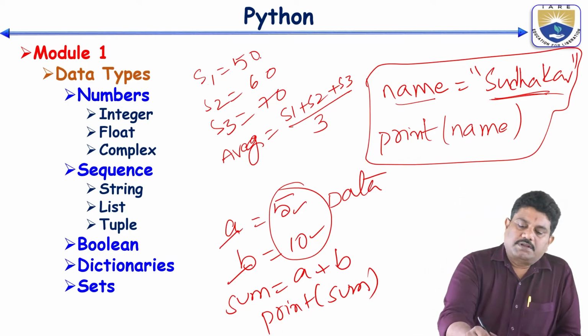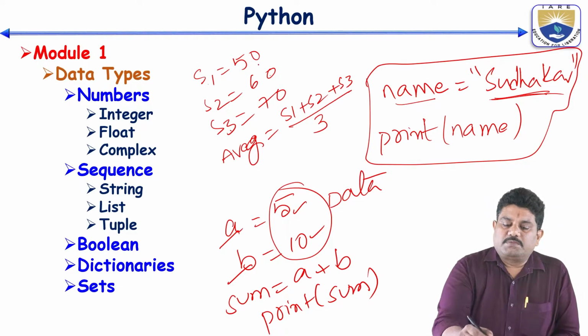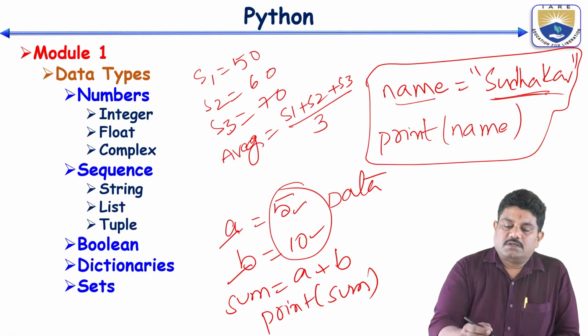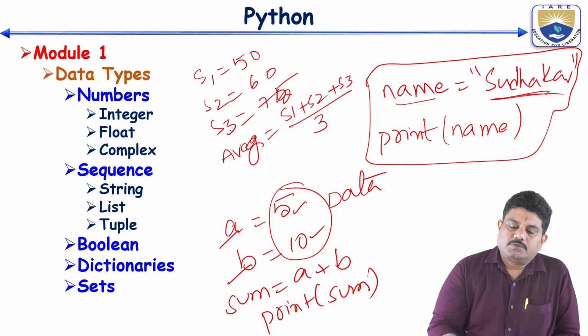Now S1 contains 50, S2 contains 60, S3 contains 70, and average is 50 plus 60 plus 70 by 3, which is 180 by 3, 60. Suppose you take 75, then 185 by 3 is around 62 point something. So it's a fraction.